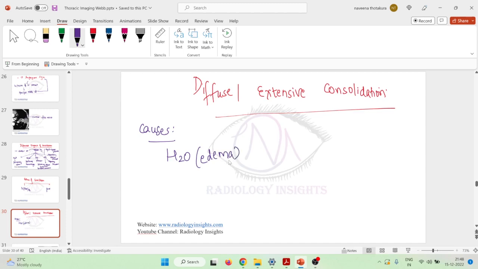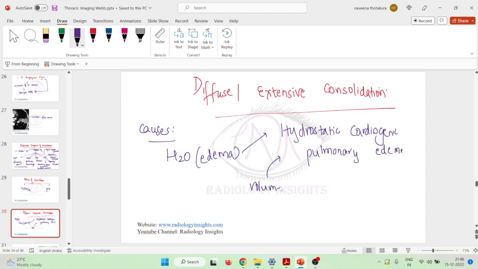In that, the first important thing is hydrostatic cardiogenic pulmonary edema. Here, there is volume overload. Whatever the cause may be, first there is volume overload, and obviously because of increased volume, the hydrostatic pressure increases.